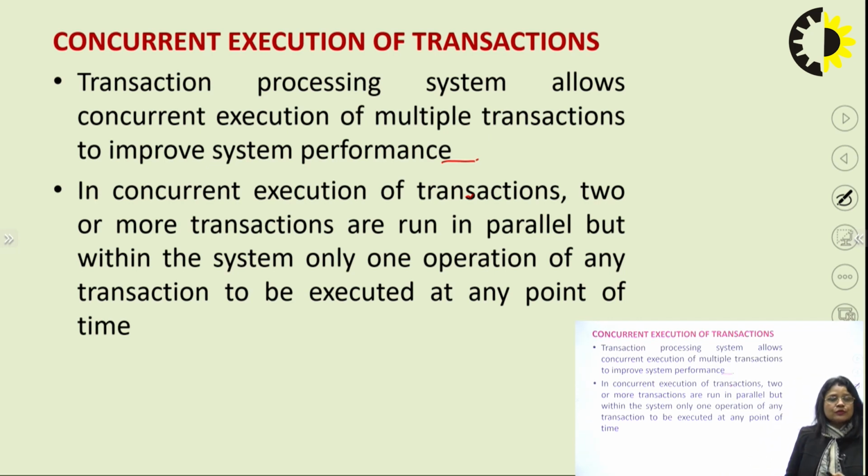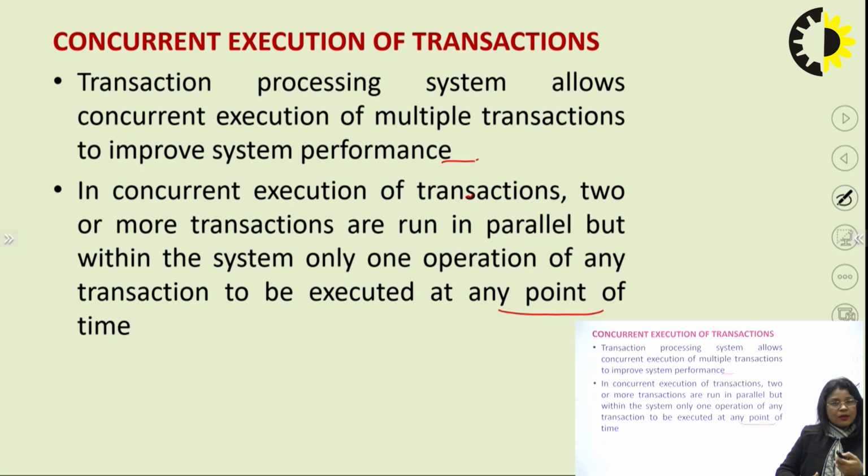In concurrent execution of transactions, two or more transactions are run in parallel, but within the system only one operation of any transaction is executed at any point of time, right? We will see that multiple transactions are running at the same time, but only one operation is executed at a point of time.